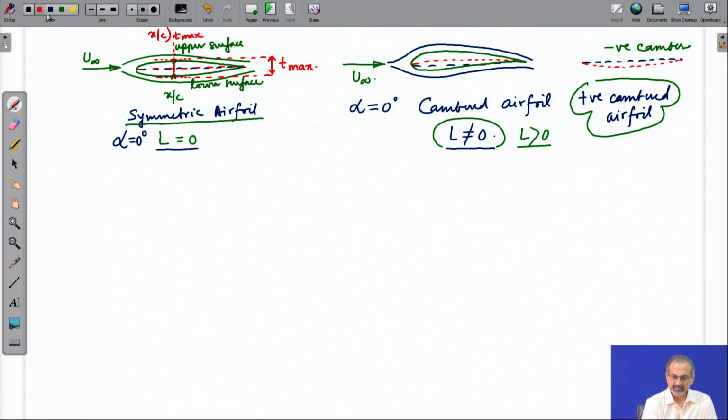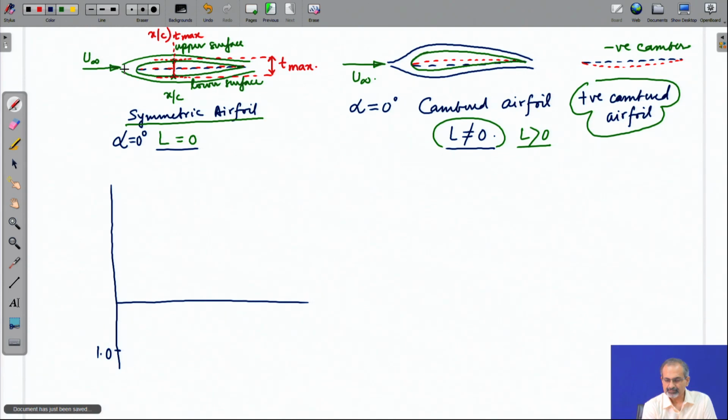Now, as we said, we would like to have a look at the pressure distribution. Let us try to make some plots to understand how it looks. What happens is that when the flow approaches the airfoil, when it is coming close to the leading edge at alpha equal to 0, you get a stagnation point.